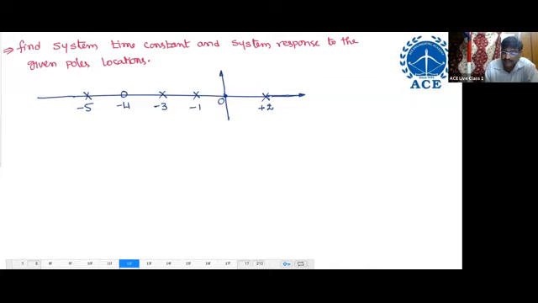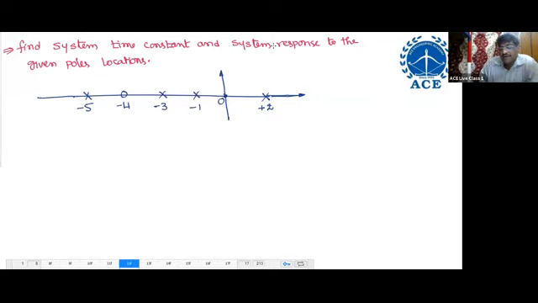Two seconds. Is it 2 seconds? Any more answer?